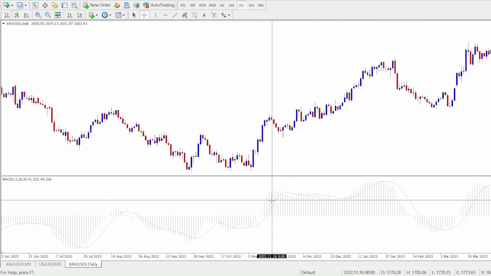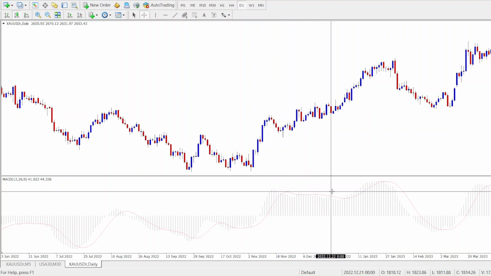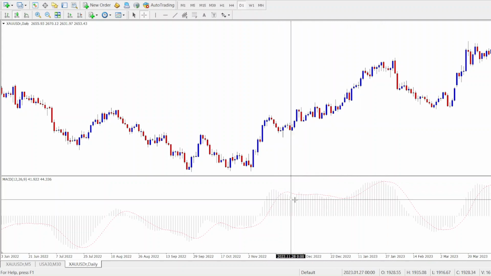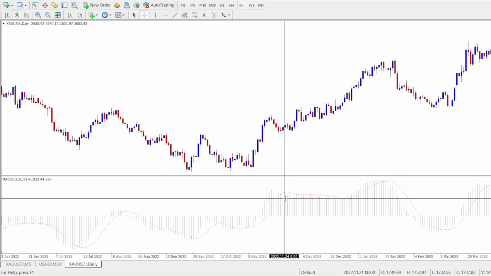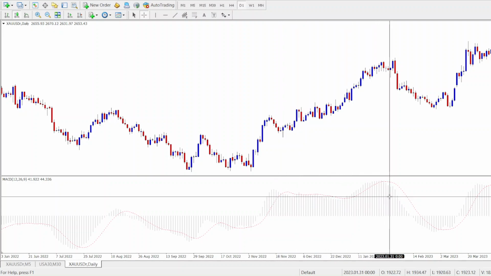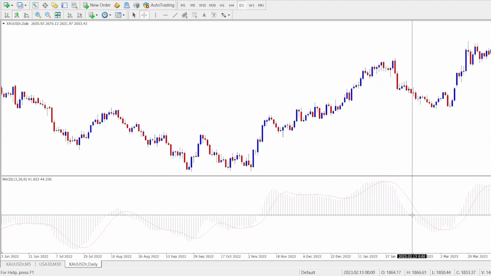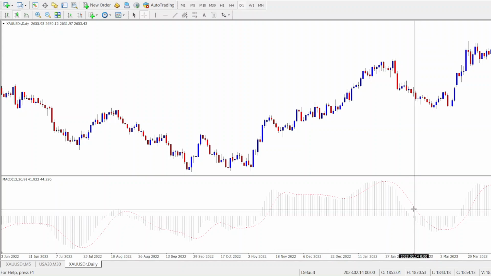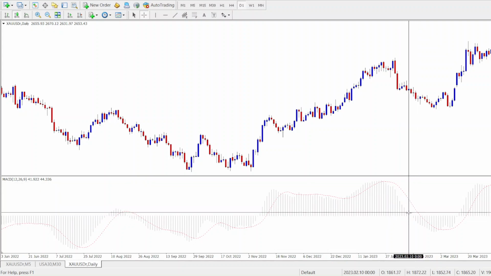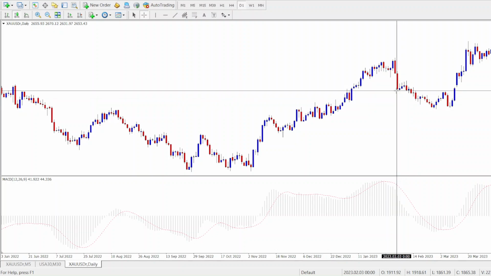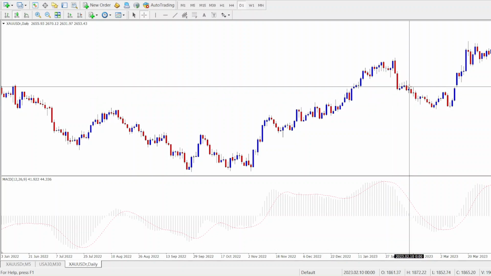After the histogram bars have ranged for a while, when the bulls begin to lose momentum, the bars will then fall below the zero level. So once the bars fall below the zero level, it is an indication to quit your buy trade.